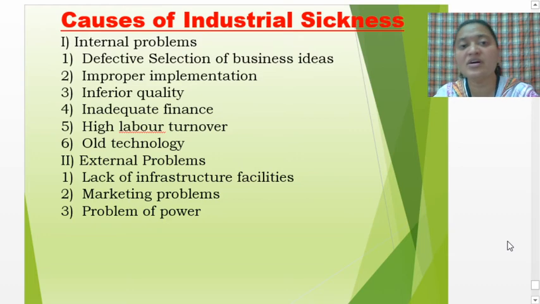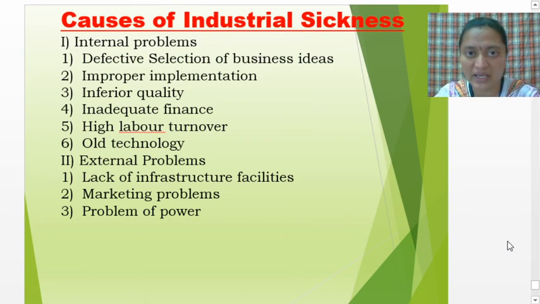Then inferior quality, meaning low quality as opposed to superior quality. If they are using low quality products, the industry can become a sick unit, because if the quality of the products is low, the customers may not purchase those products.